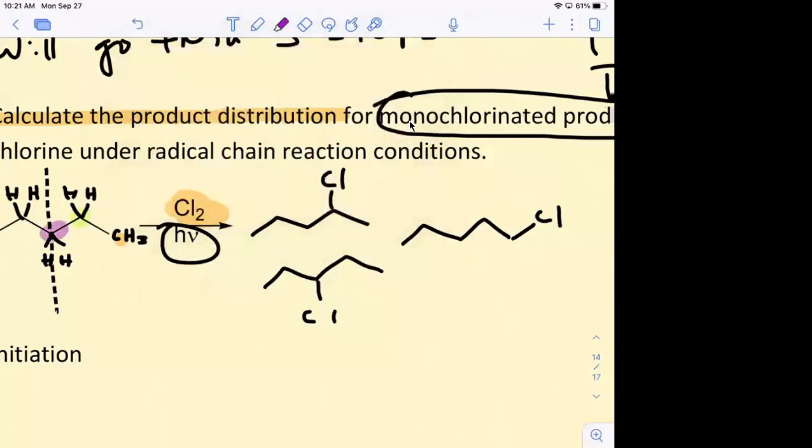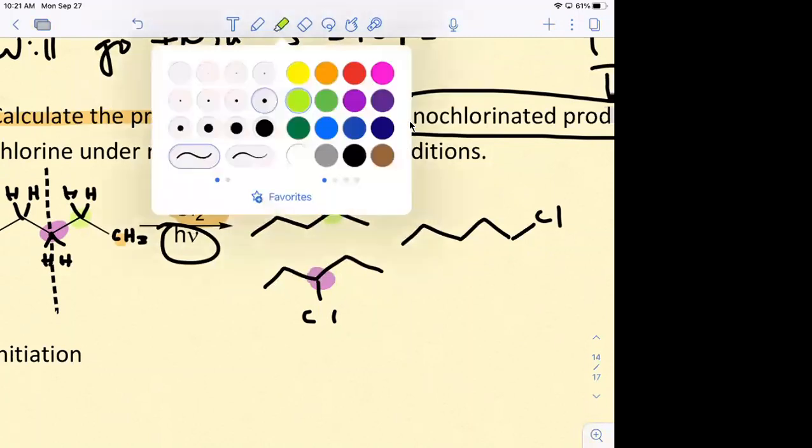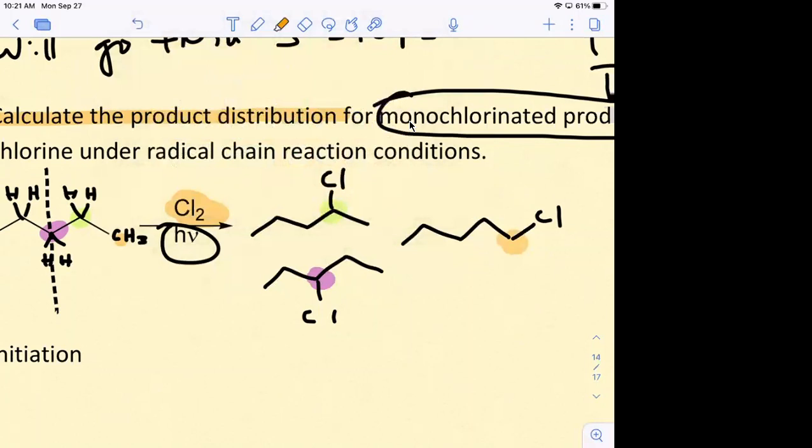So three different products. Those are my monochlorinated products, meaning one chlorine, from radical substitution of pentane with chlorine.